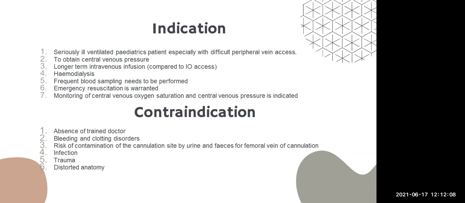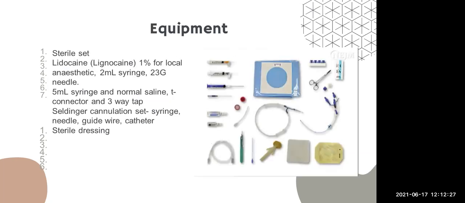Okay, so I proceed. The contraindications for femoral venous catheterization are absence of a trained doctor, bleeding and clotting disorder, risk of contamination of the cannulation site by urine and feces, infection, trauma, and distorted anatomy.